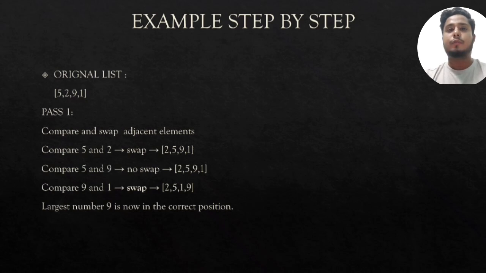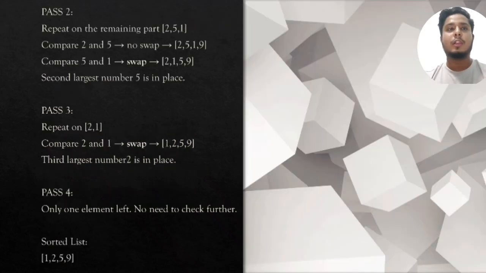It will again move to the next element, 9, and compare it with its adjacent element 1. Here in 9 and 1, 1 is smaller and 9 is greater, so it will swap. So in the first pass we get 9 as the largest number, and it's in the correct position. In pass 2, it repeats the same.